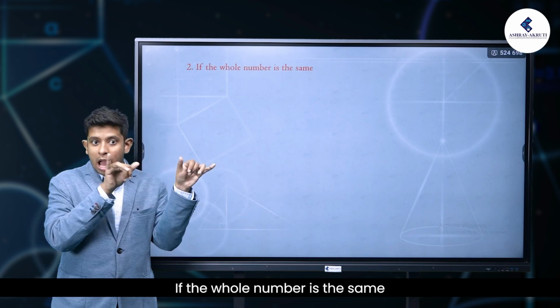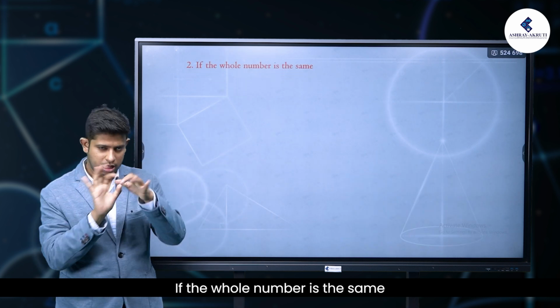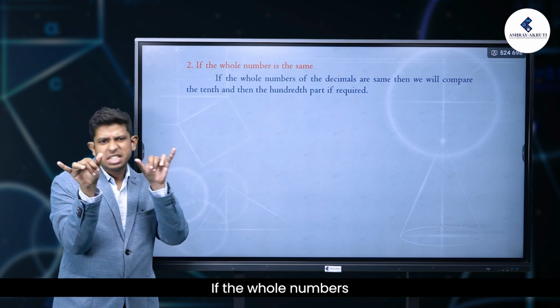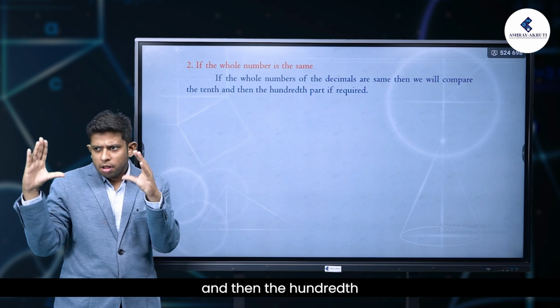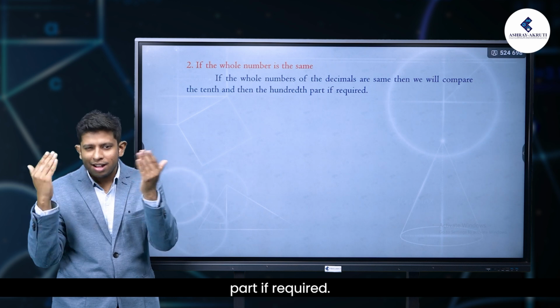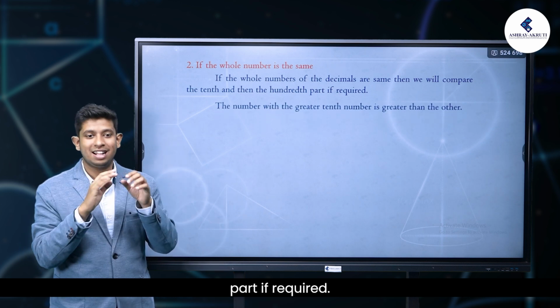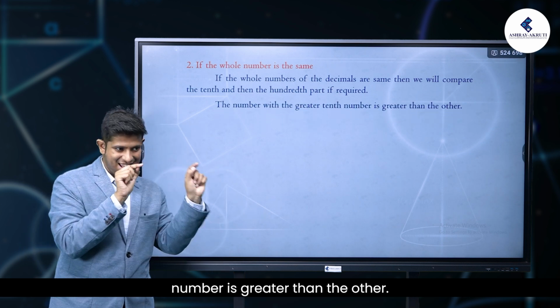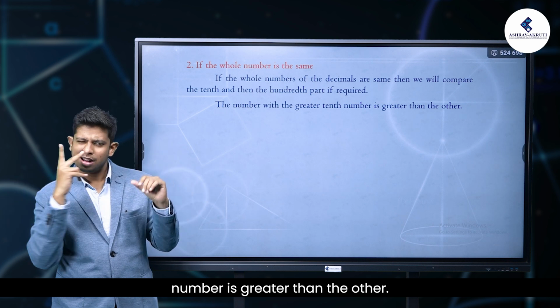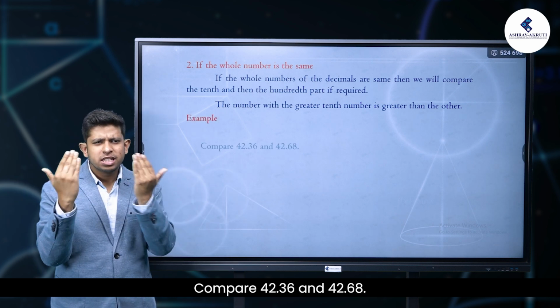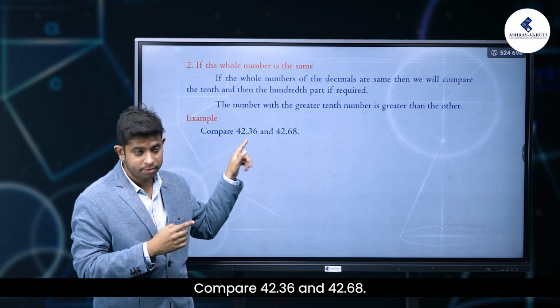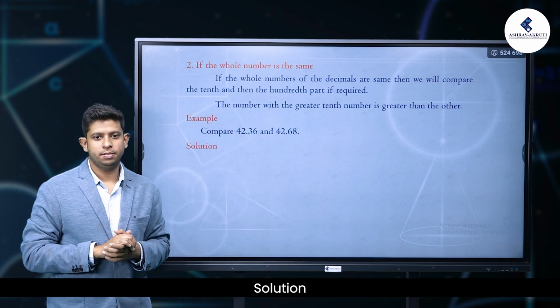If the whole number is the same: if the whole numbers of the decimals are the same, then we will compare the 10th and then the 100th part if required. The number with the greater 10th number is greater than the other. Example. Compare 42.36 and 42.68. Solution.